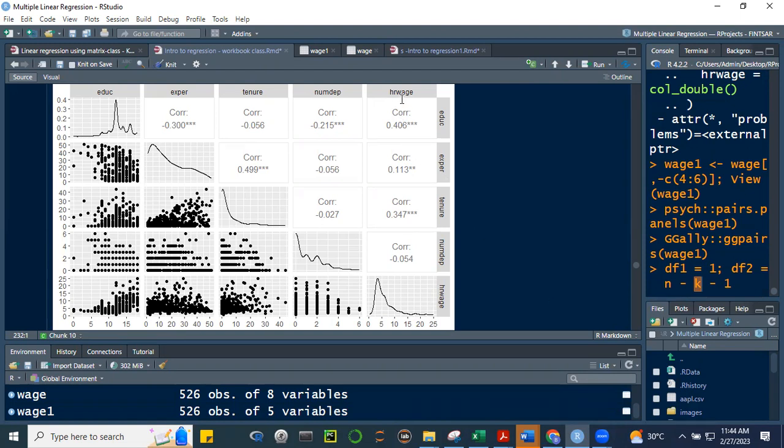And of course, we're interested also in the correlation of hourly wage with education, experience, tenure, and number of dependents. Gusto natin, class, yung dependent variable natin highly correlated with your predictors. Dito makikita natin na si number of dependents lang ang pinaka hindi correlated. Mababa yung correlation, negative 0.05. And we might suspect that this might not be a statistically significant predictor for hourly wage.